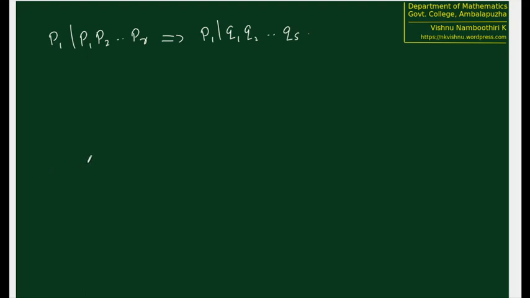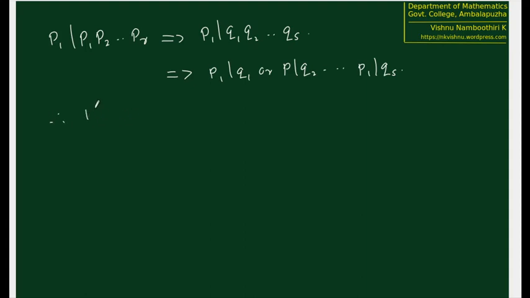Now p1 dividing a product of numbers implies that p1 divides at least one of them. So p1 divides q1, or p1 divides q2, or etc., p1 divides qs.